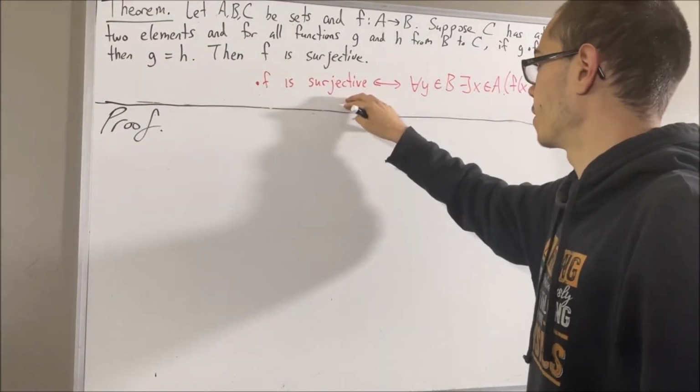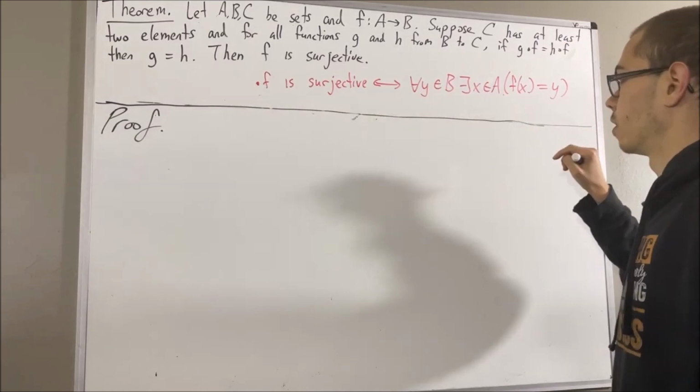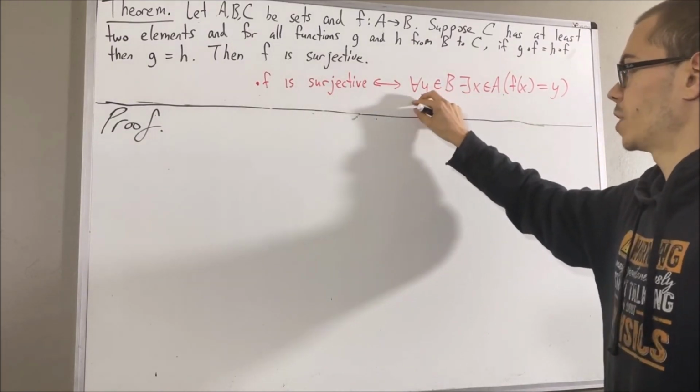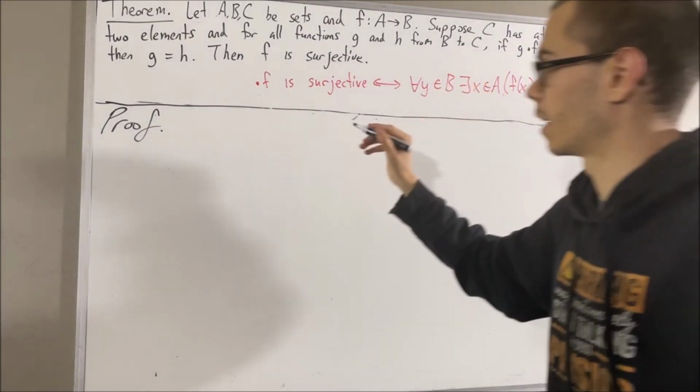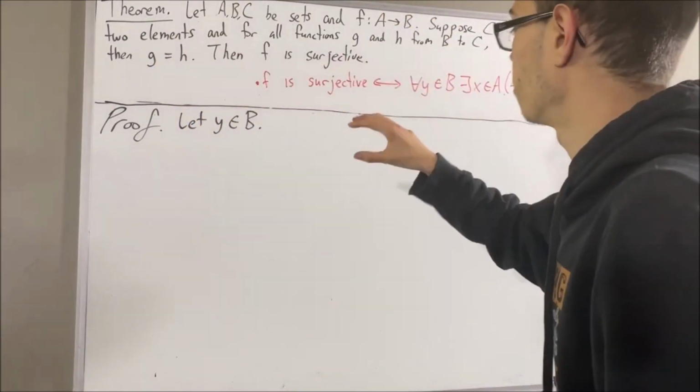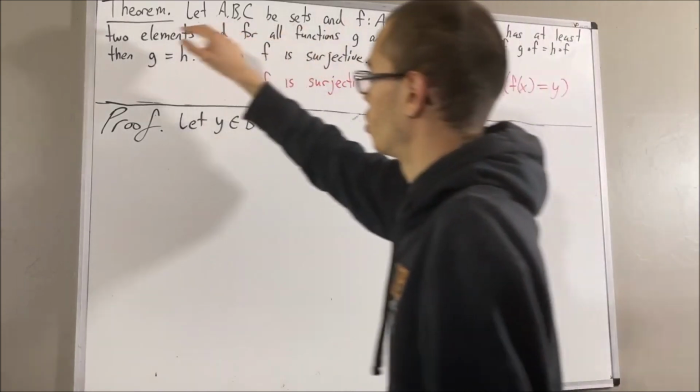Now to prove F is surjective, we're trying to prove this. Since we're trying to prove something about every element in B, give me an arbitrary element in B. I'll call it Y. Now let's apply the fact that C has at least two elements.